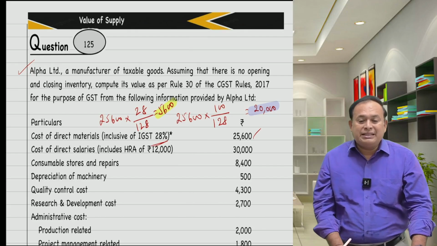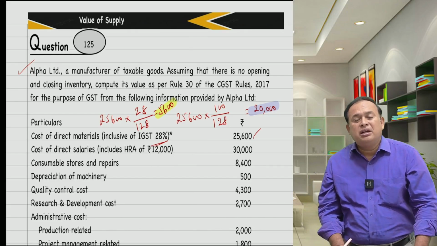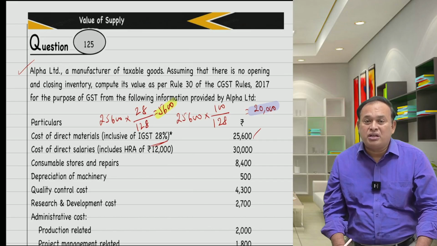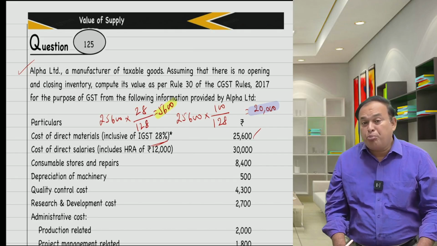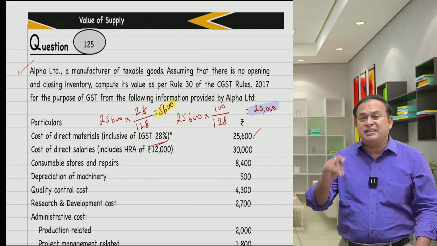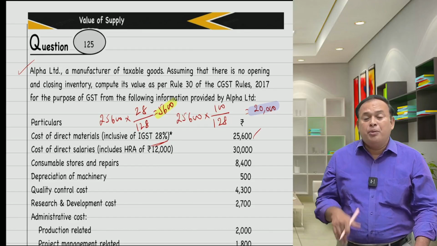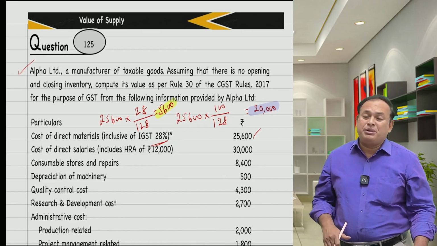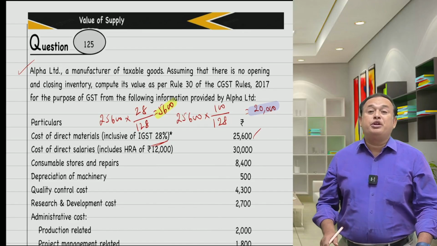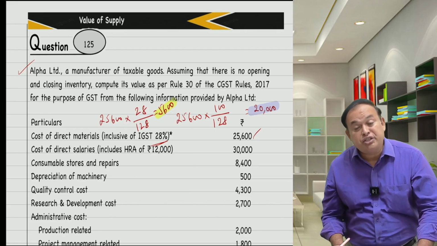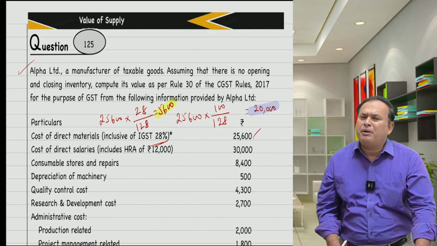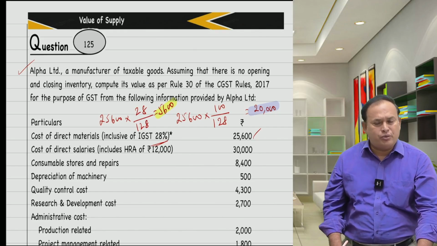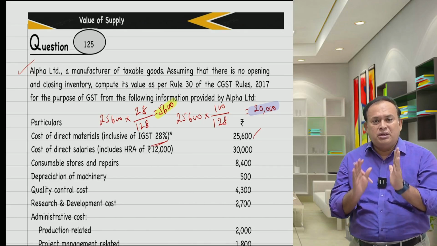Now, in that case, under the cost of production, I have considered only rupees 20,000, not the 25,600. Suppose the problem specifically says that Alpha Limited paid the GST on inward supply at 28%, which is not eligible for input tax credit. If that is the case, what is not eligible for input tax credit will form part of the cost of purchase without any doubt. Simple.